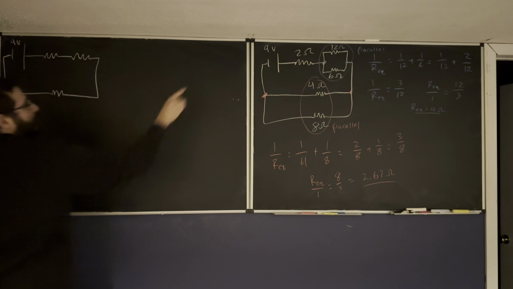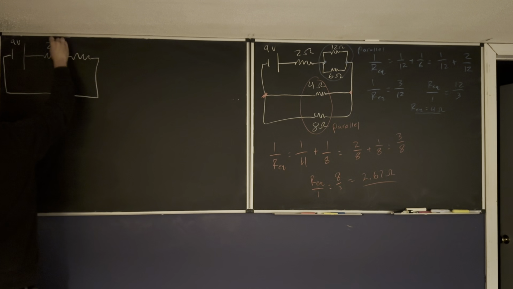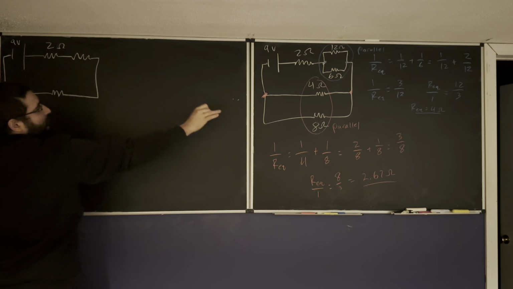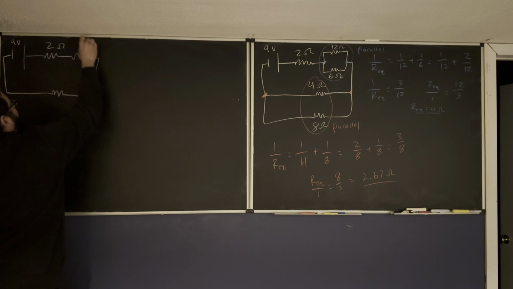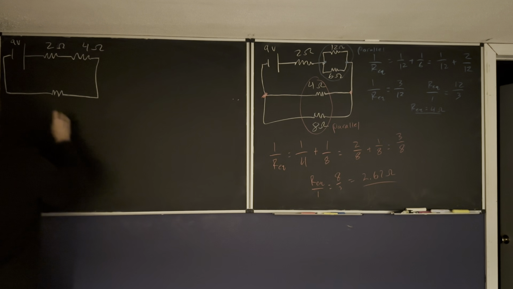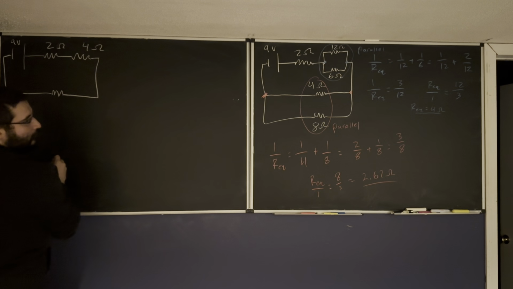We haven't dealt with the 2 ohms yet. Then we have the 12 and 6 ohms, that came out to 4 ohms. And then simplifying the 4 and 8 ohm resistors, that comes out to 2.67.